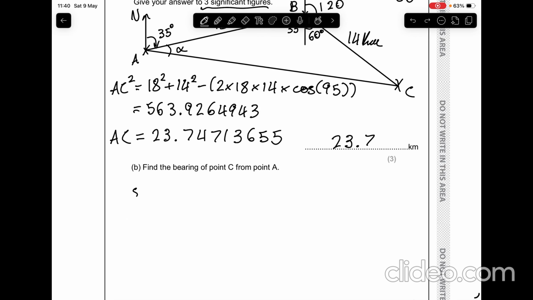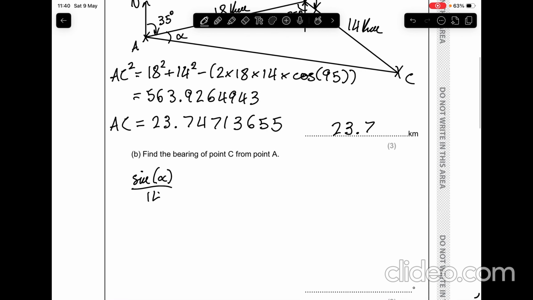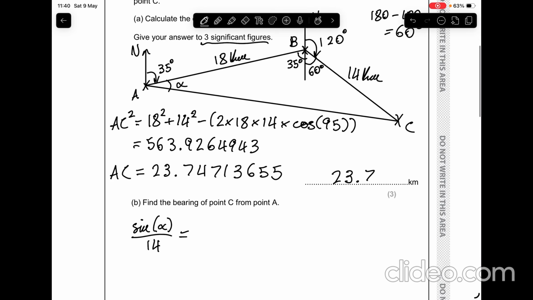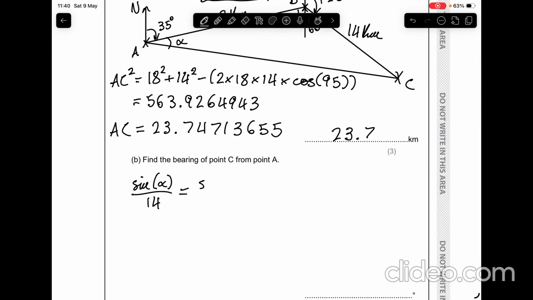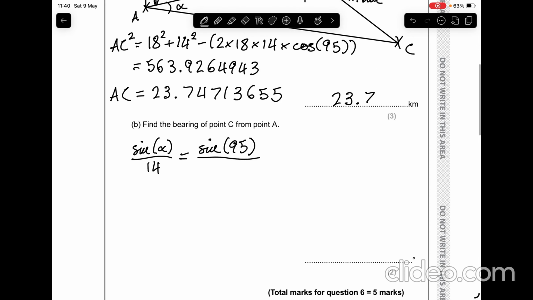So we're going to have sine of alpha over the opposite side, which is 14, is equal to sine of 95, remember 35 adds 60, sine of 95 over A to C, which is 23.7.